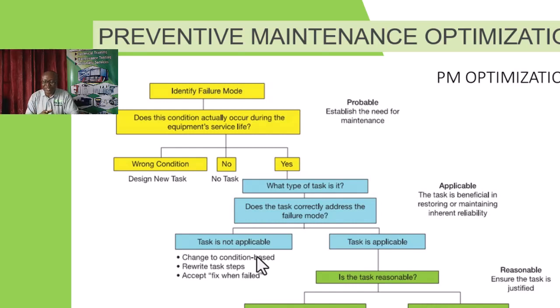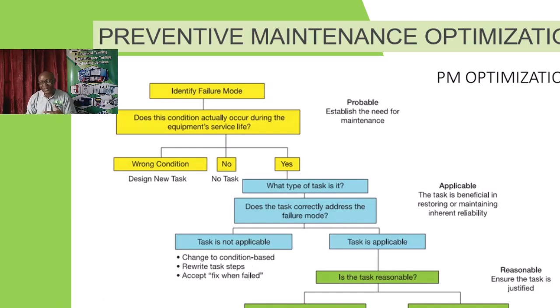When we say condition based, it means that maybe, irrespective of the fact that we are deploying that particular task, the equipment still fails. So could there be something we can do to look at the condition of that component, so that when it is failing, we know? So we can change that task to condition based, or we rewrite the steps so that it is more effective.